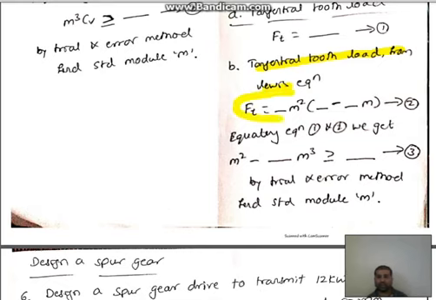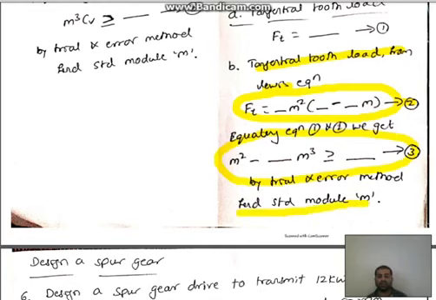Here Ft in terms of module, that is equation number 2. Now equate equation number 1 and 2, we get this type of equation. By trial and error method, find the standard module m.